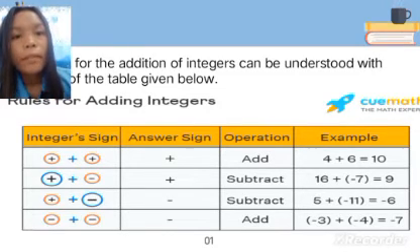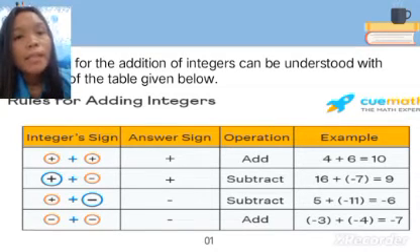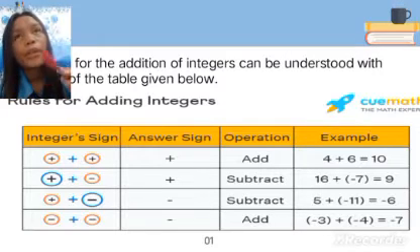In the integer sign column, the first is positive plus positive.